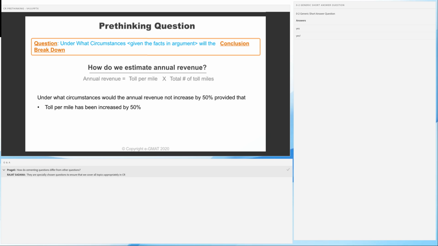Okay. Now, let's do a pre-thinking. We've not seen the answer choices. What we have is just the argument. Now, what we know over here is that this toll per mile will go up by at least 50%.